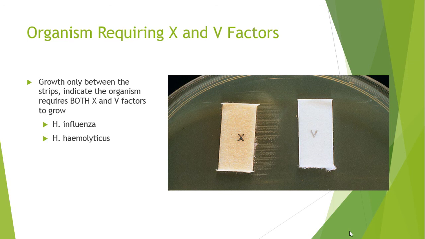When you put these strips on, the X and the V factor spread out in the agar. So the organism will only grow where the factors are provided. Haemophilus influenzae and Haemophilus haemolyticus both need X and V, so they will grow only between the two factors, or between the two discs.